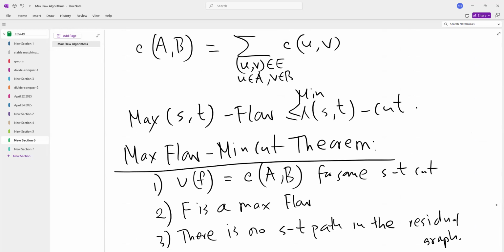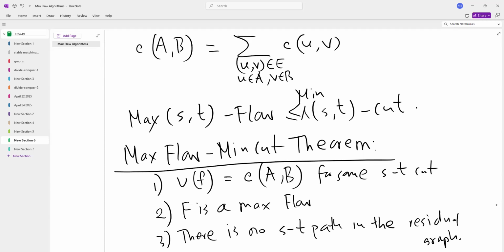We cannot send any more flow. That's part 3, saying that if there is no s-t path in the residual graph, then at that point we have a flow whose value must equal the capacity of some cut.